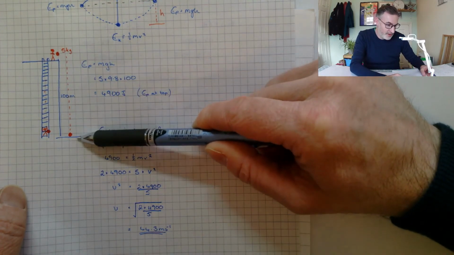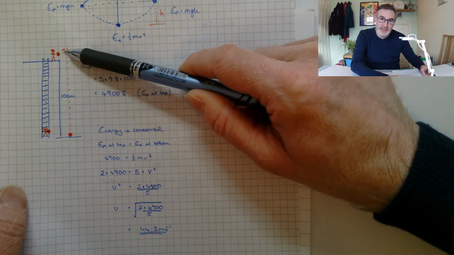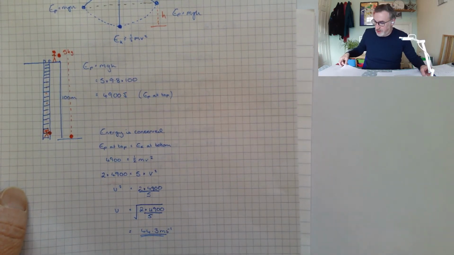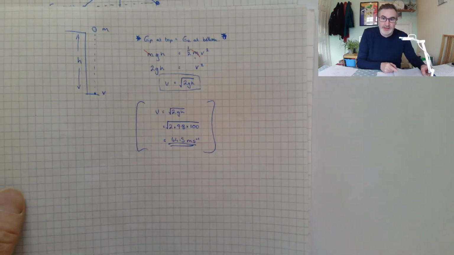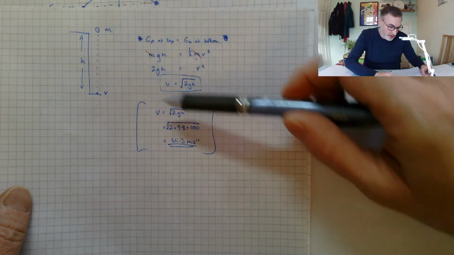It's falling off of a 100-meter cliff. In this case, we had mass, and we used the mass throughout. And then a little bit later on in that lesson, I did another example where we cancelled mass out.